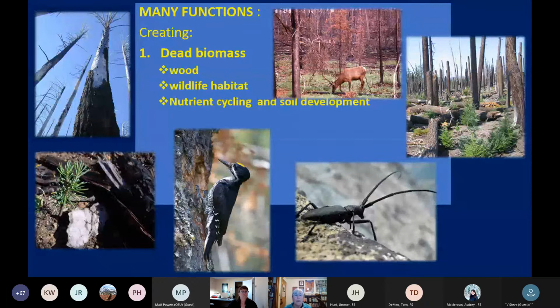They may provide microclimate protection for our germinating conifers and hardwoods. They also provide key unique habitat for wildlife species, and they enhance and continue nutrient cycling and future soil development.